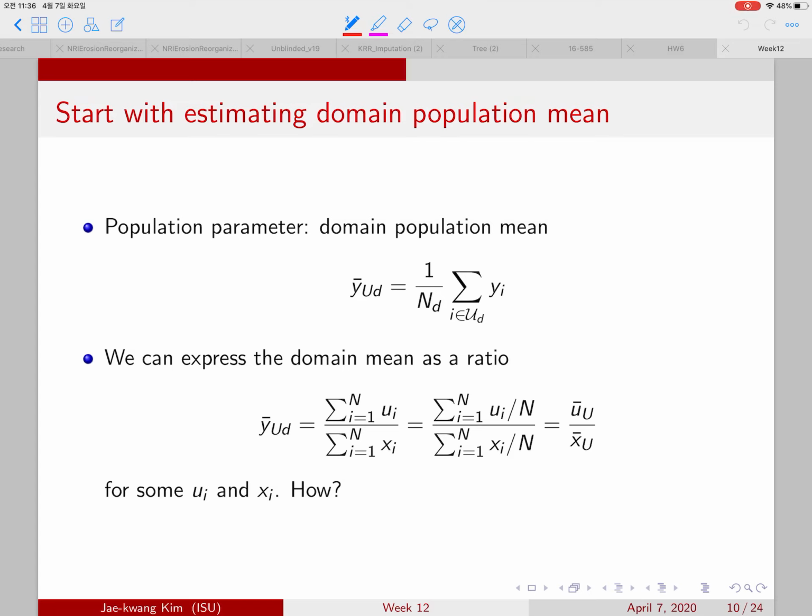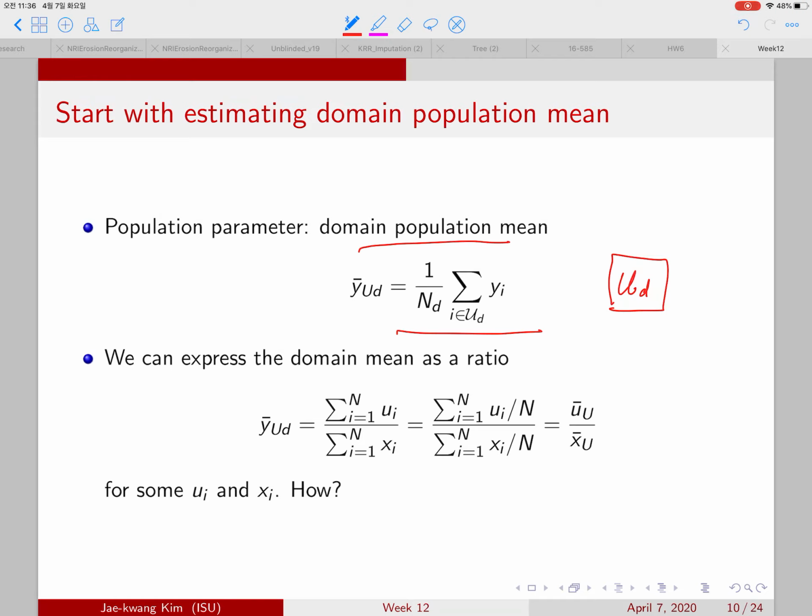Okay. So let's consider estimation of domain means. For a given domain D, the domain population mean is written like this, the population mean of y in the particular population, which is U_D.